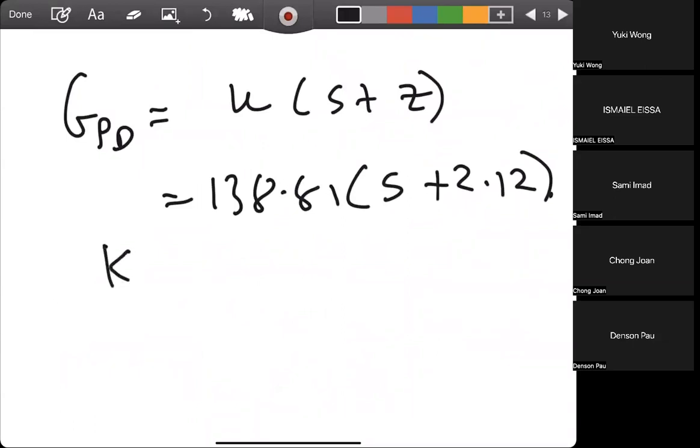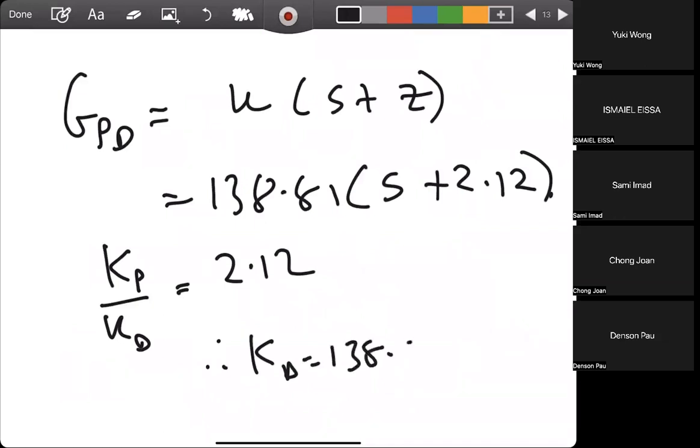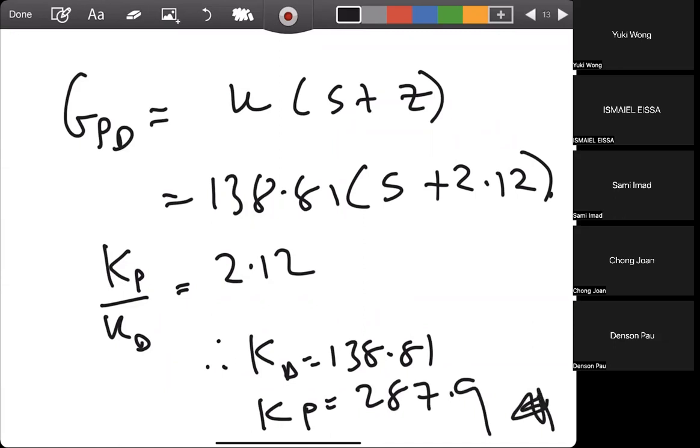And we know that Kp over Kd is equal to 2.12. That's why Kd is equal to 138.81, and Kp is equal to 287.9. So this is the PD controller, which we have to design up to this point.